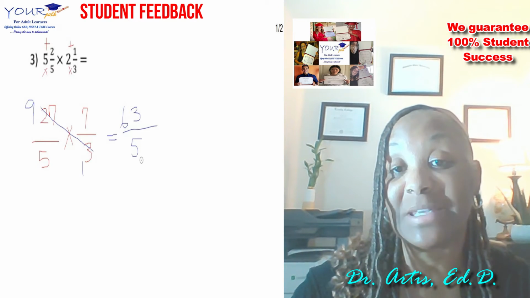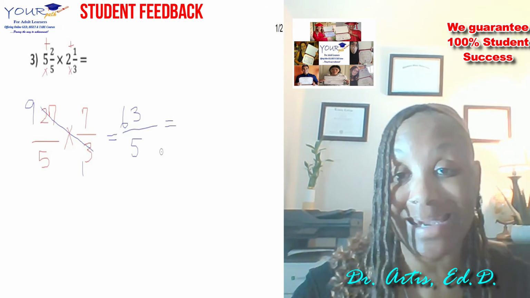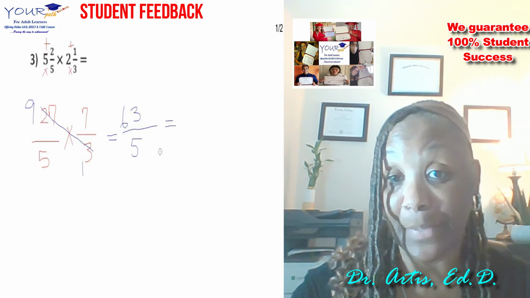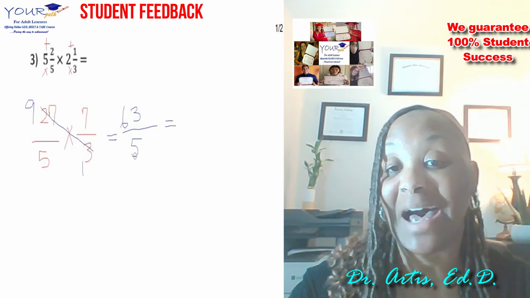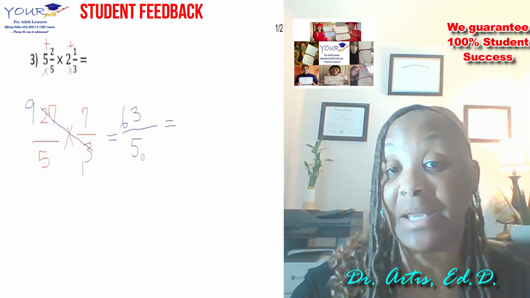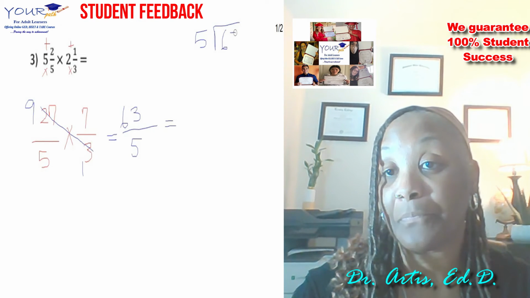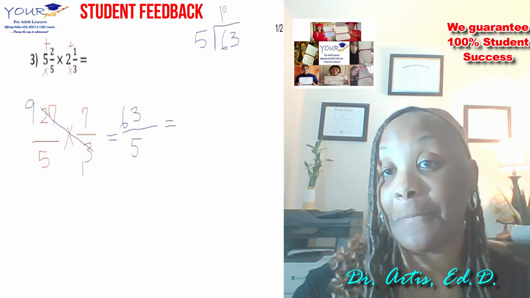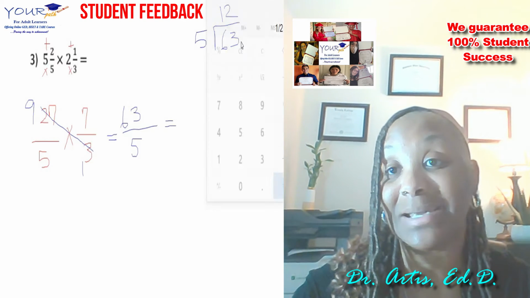Now, in order to convert this back to a mixed number, which you have to do because your focus is on multiplying and dividing mixed numbers. That's the topic. So in this case, we're going to divide 5 into 63, our denominator into our numerator. So 5 goes into 63 12 times, because 5 times 12, if we bring up our calculator, is 60.